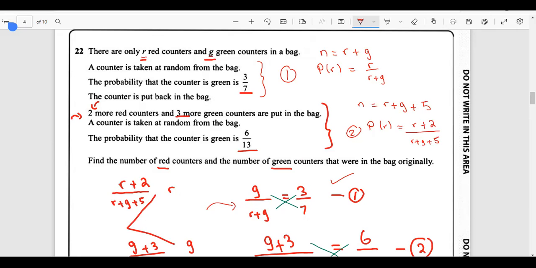And what about for green? It would be G plus 3 over R plus G plus 5.